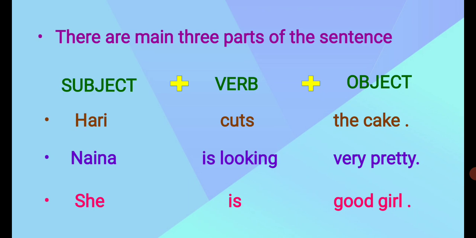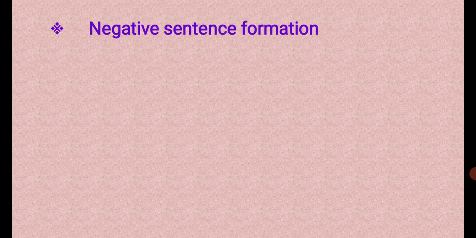Now this is talking about simple sentences and statements. We can say these are positive sentences, right? Now what is the sentence formation for negative sentences? For the positive sentence we need subject, verb and object, but we cannot remove them in a negative sentence.